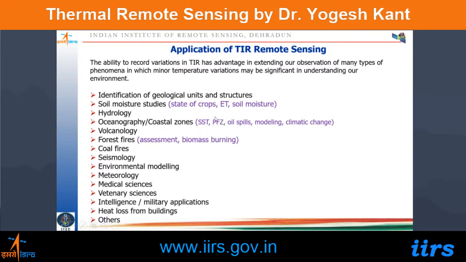Depending on the temperature variation and other parameters, one can see the potential fishing zones, oil spills, the modeling aspects. Of course, volcanic activity: one can temporally assess the temperature and the vent of the volcano. Forest fires, of course, stubble burning or forest fire, or any type of biomass burning. Of course, the coal fires, the environmental aspects, meteorology, as I said.